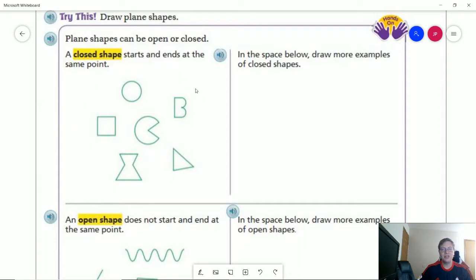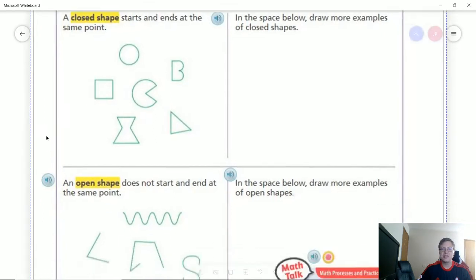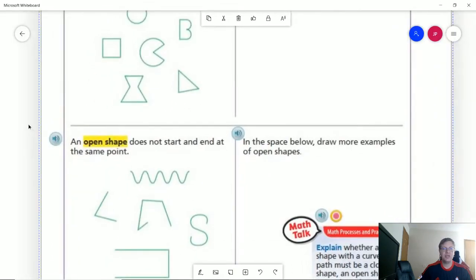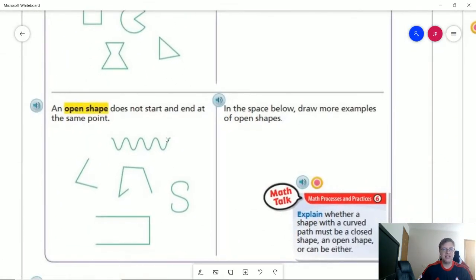But what I usually relate to with closed shapes is there is no open space inside the shape. There is a line, or arc, or something else connecting every single portion of the piece together. There are no gaps. An open shape does not start and end at the same point, and it does have gaps.